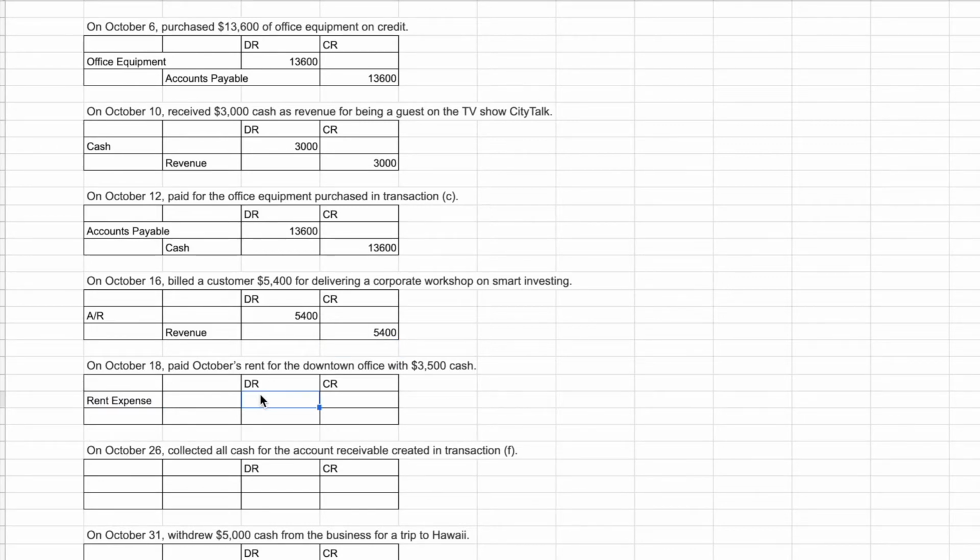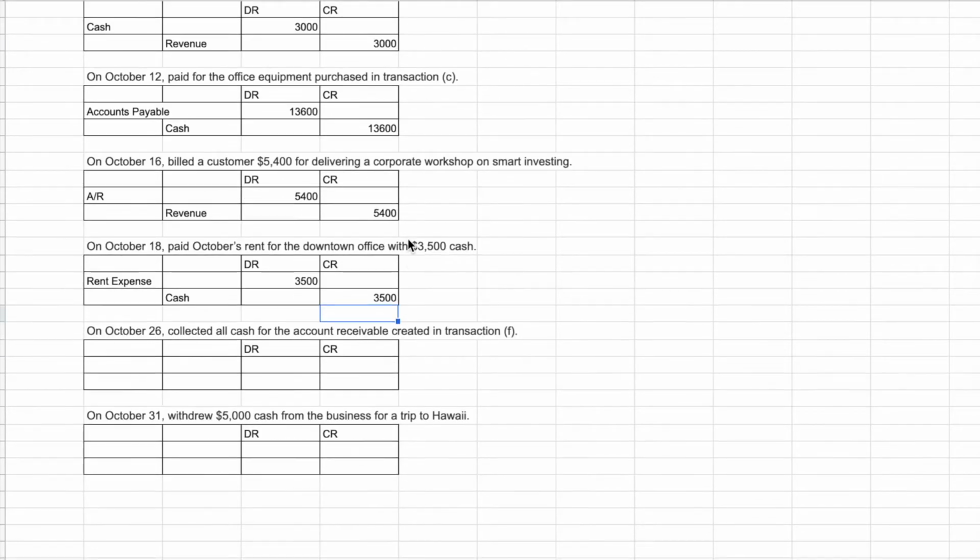And that will be for $3,500. And we are reducing our cash because we're paying it. So cash is going to credit. Reduction in an asset is credit. $3,500. Okay. Let's take a look at the next one.